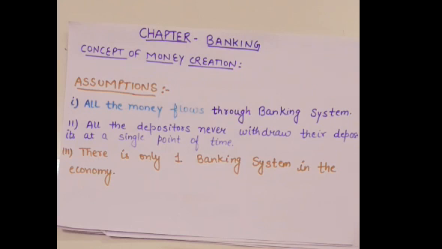Central banks can't issue coins. They can't issue 1 rupee note, because 1 rupee notes and coins are issued by the Ministry of Finance. So now let's begin with the numerical example of how money is created in the economy.